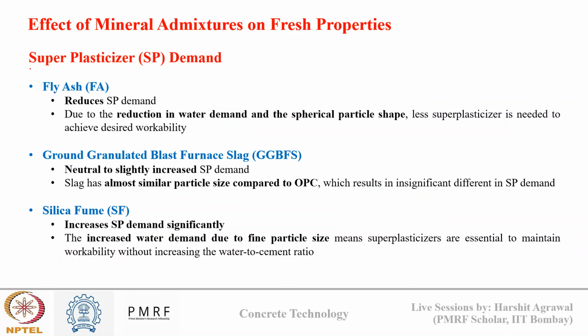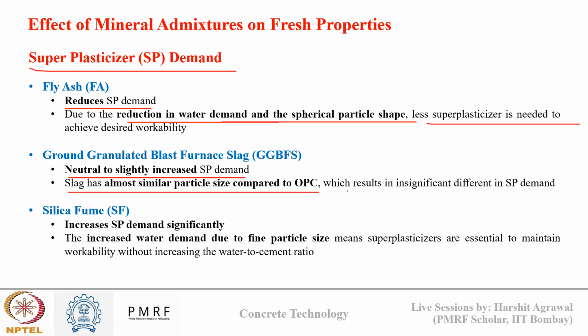Now, in terms of superplasticizer demand, fly ash reduces the superplasticizer demand. Why? Because of its spherical particle shape. This spherical particle shape reduces the water demand, and thus less superplasticizer is needed. For slag, there is a neutral to slight increase in SP demand because its particle size is almost similar to OPC, which results in insignificant difference.